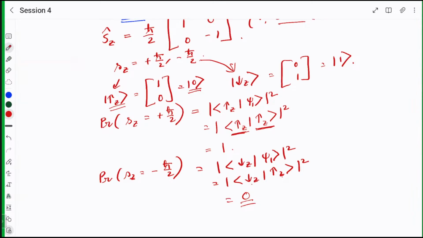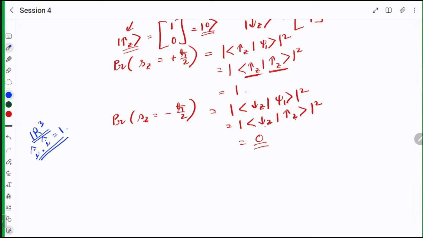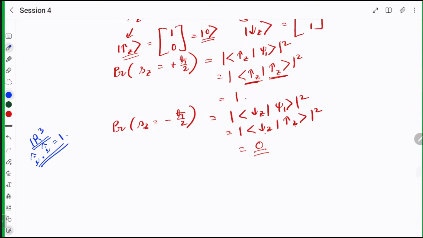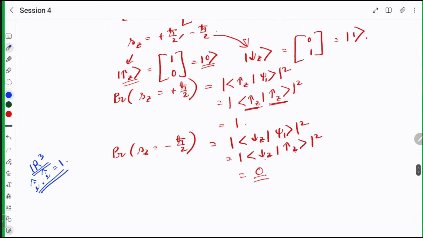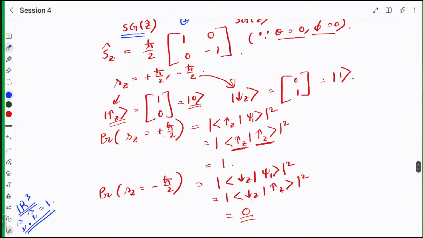So okay, now let's go back to our familiar example of R3. If you have a unit vector, say i, and you want to measure the component along itself, it will always be one, no? So in quantum mechanics, all the state vectors are unit vectors, so that will always be one. So you can see that the probability of finding Sz plus h cross by 2 is 1 and the probability of finding Sz minus h cross by 2 is 0.